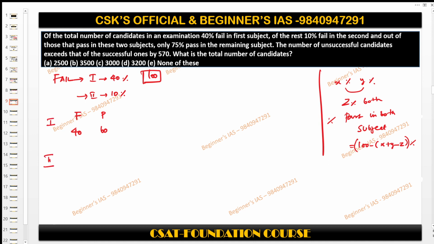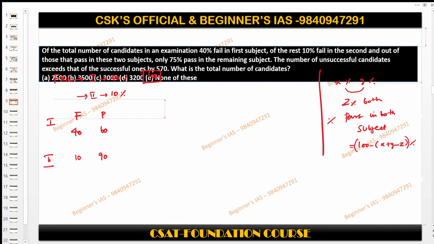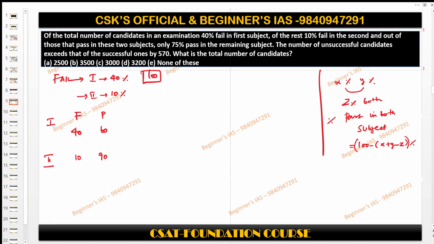With respect to the second subject, fail is this one. So now read the question. What has been provided there? Out of those who pass in the two subjects, what is the two-subject pass?